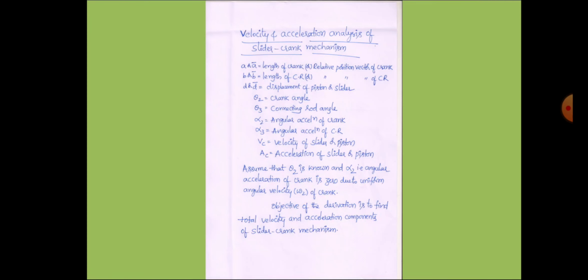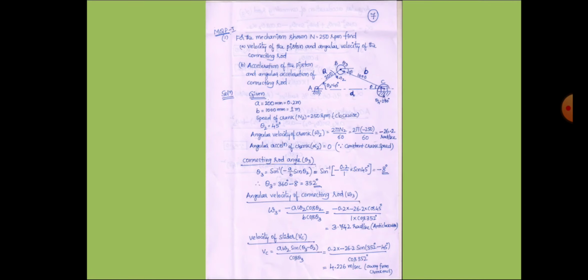Connecting rod angle theta 3. What is theta 3? Sine inverse of minus A by B sine theta 2. Angular velocity of connecting rod omega 3 is equal to minus A omega 2 cos theta 2 by B cos theta 3. And velocity of the slider Vc is equal to A omega 2 sine of theta 3 minus theta 2 by cos theta 3.